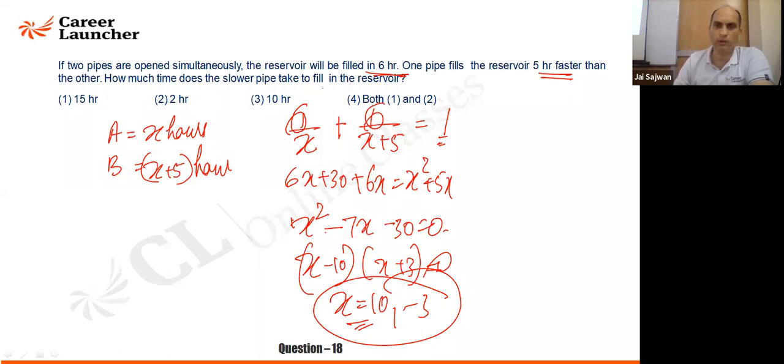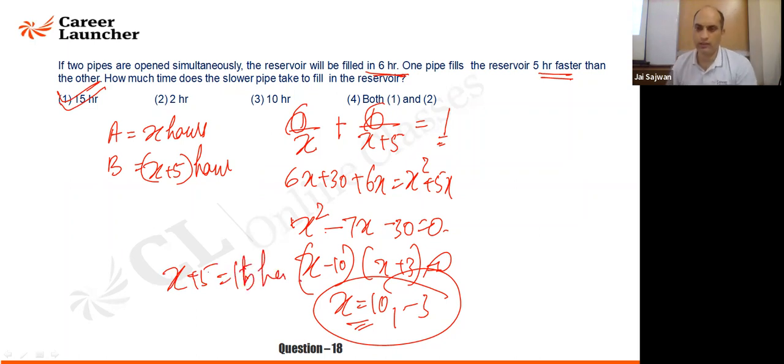So how much time does the slower pipe take? The slower pipe takes 15 hours. Why? Because x is 10, so x plus 5 will be 15 hours. Is that fine, everyone there? Anyone, any doubt?